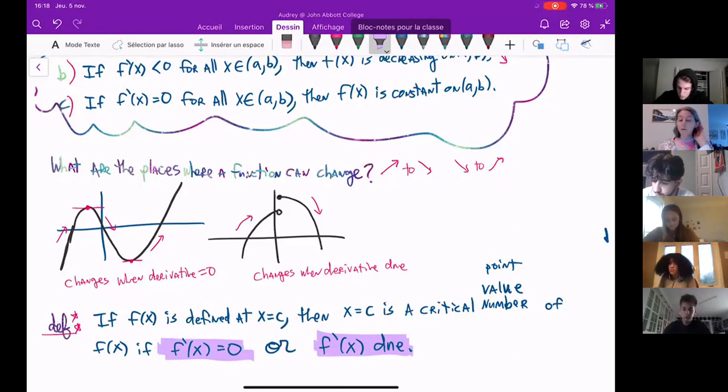And these critical values are the only places that a function could change what it's doing, from increasing to decreasing, decreasing to increasing, decreasing to constant. They're the only places it could change.